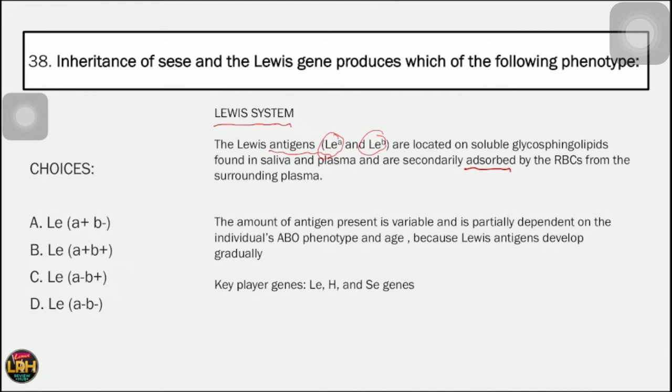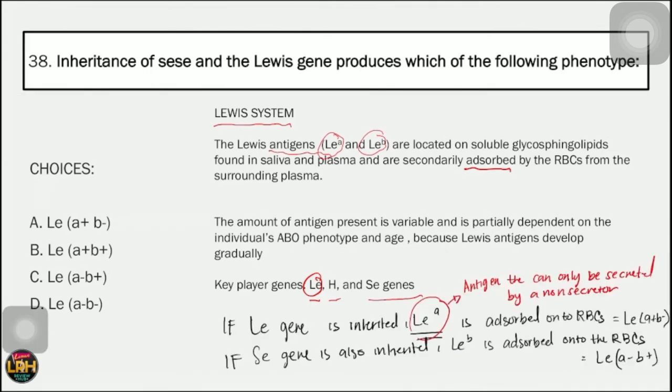So the key player genes are the Lewis gene, the Le gene, the H gene, and the secretor gene, the Se gene. In Lewis inheritance, if the Le gene is inherited, the Lea antigen is found in the secretions of non-secretors, and this will later be adsorbed onto the red blood cells. Individuals inheriting only the Le gene would have a phenotype of Lea positive, Leb negative.